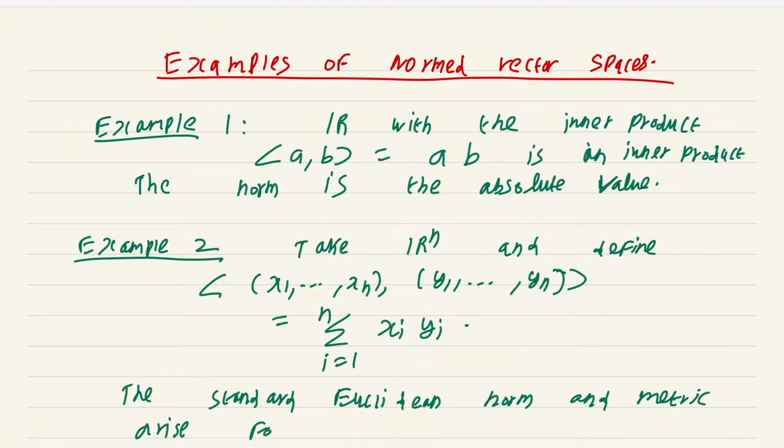These are all easy checks that I am leaving to you. So these are the standard prototype examples of inner product spaces and norms. In fact, these are the prototypes on which the more abstract definition that we studied is based on.